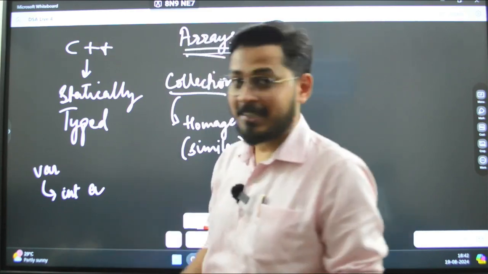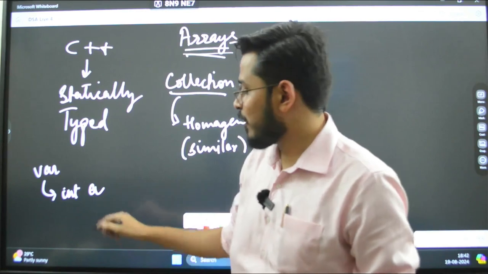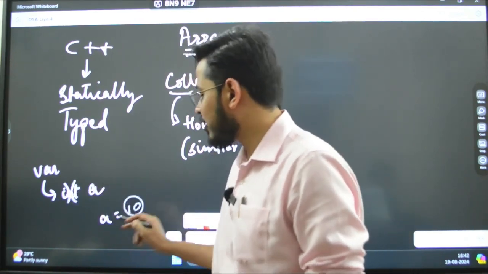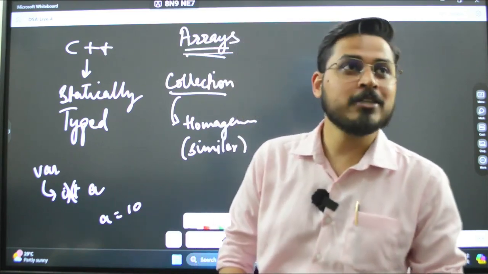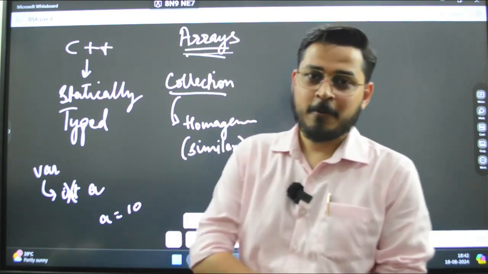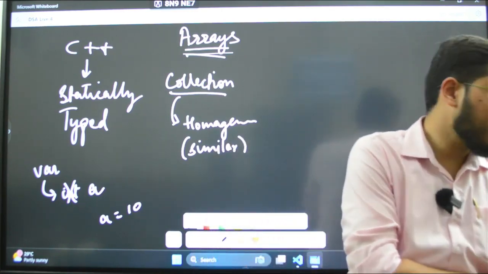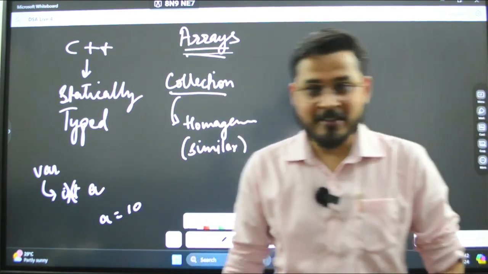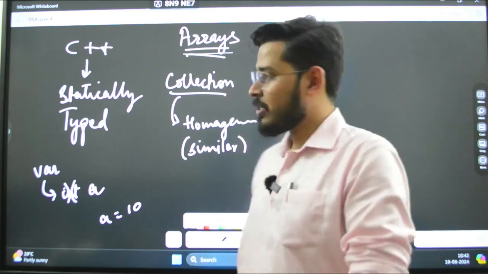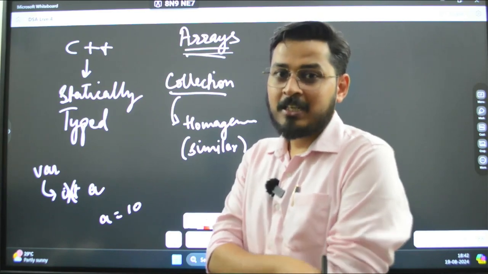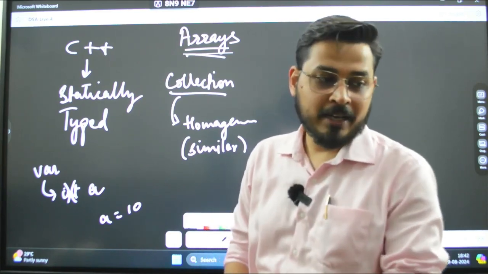But in Python, you don't write this. You just say A equals 10, or whatever you like. Python is dynamically typed, but C++ or C is a statically typed language.